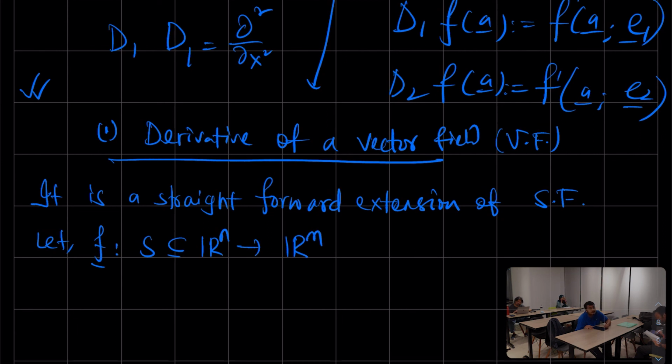Now this is R^n to R^m, a vector field. Think about it. Is it R^n to R^n? Okay, R^n into R^m, because of vector field. This is correct. I was thinking of something else. Might have to look into that.